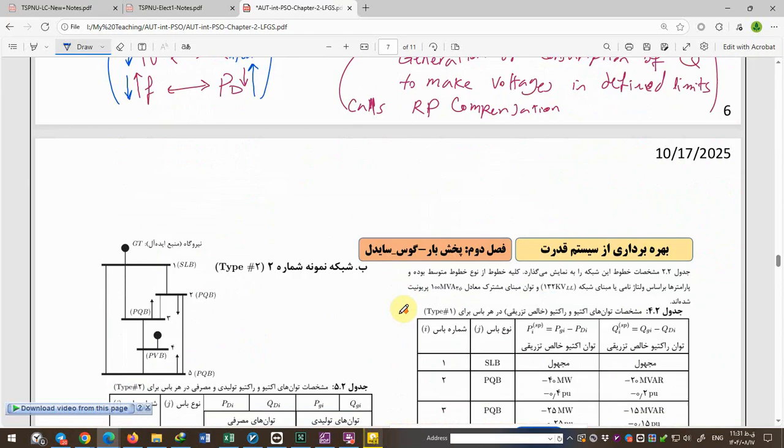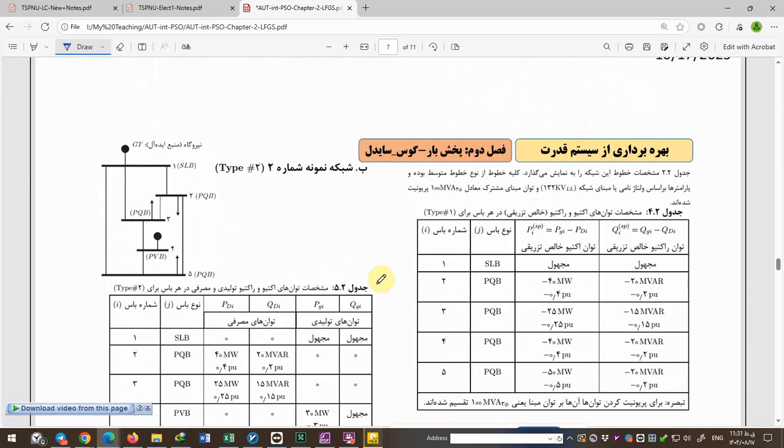In type 2, we locate another generation in bus number 4 and make this bus a PV bus. We try to solve the power flow or load flow equation for these two types as an exercise.